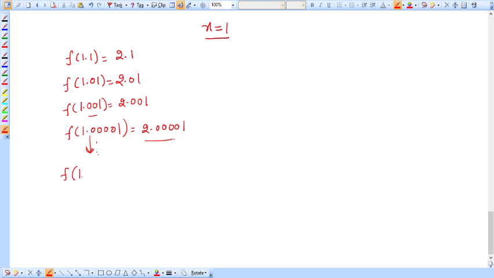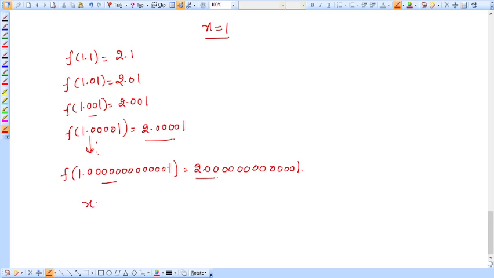Like if you put x is equal to 1.000000000000001, you will be getting a result 2.0000000000001, right?